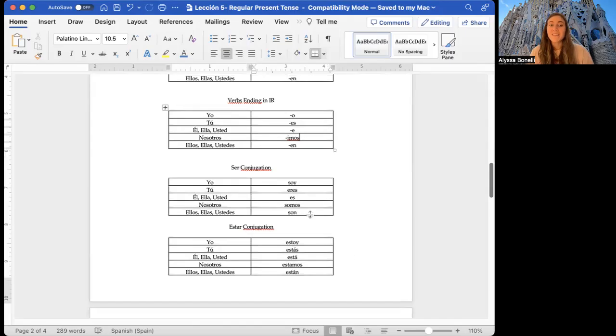But you may be looking at this now and going, oh yeah, I definitely recognize it. But would you be able to fill the chart in with no help? Would you be able to just answer what's the nosotros for estar? What's the usted for ser? And if that's still a little shaky or a little difficult, no shade. It's really just something you're going to want to put a little more effort into.